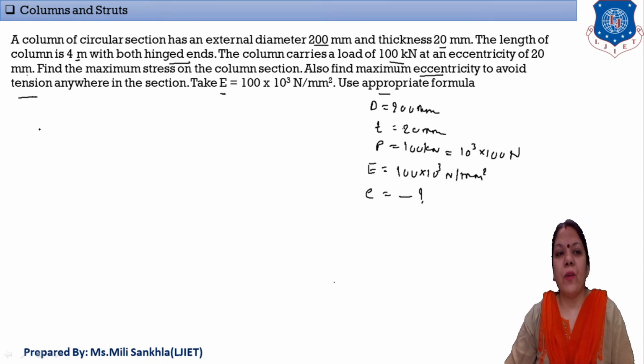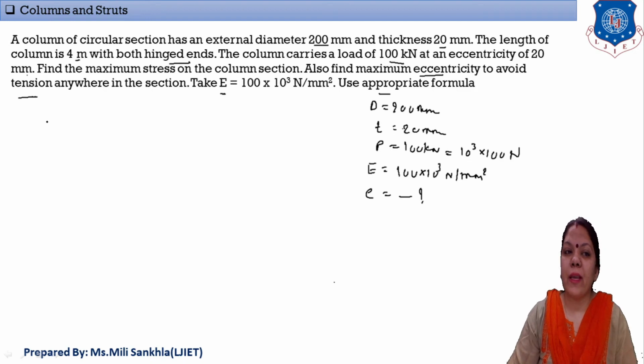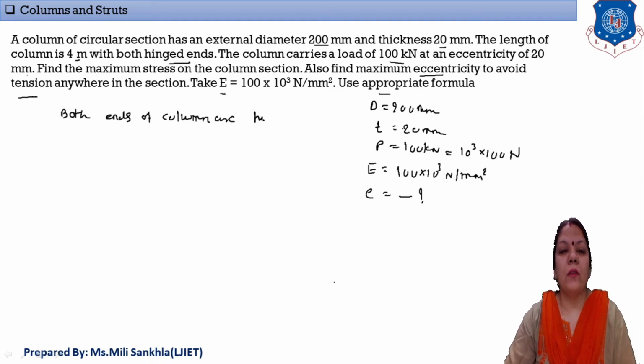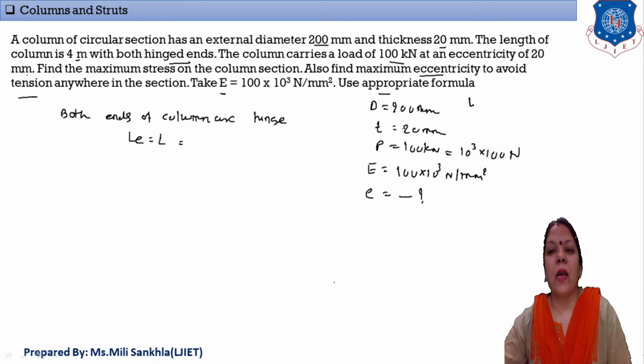Write down here, both ends of the column are hinged. First of all, we find the effective length. Both ends of the column are hinged, so Le is equal to L, and our L is given here as 4 meters.